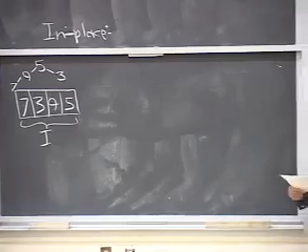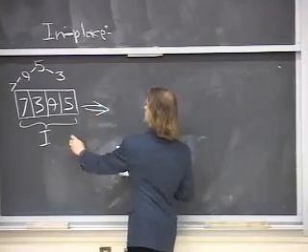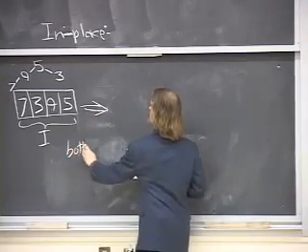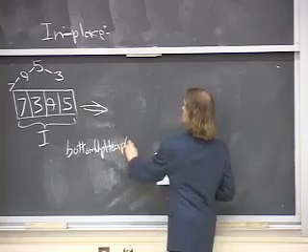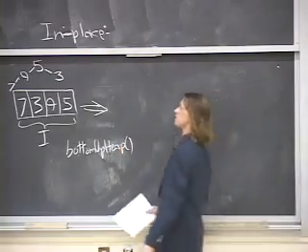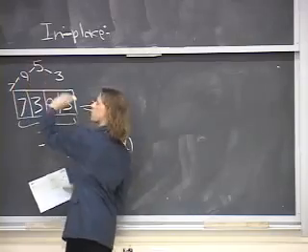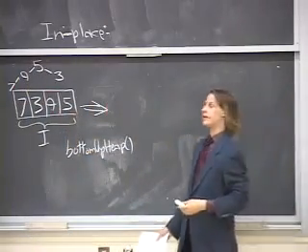Obviously, it's not a heap, so the first thing we do is we run bottom-up heap. And bottom-up heap goes through the interior nodes in reverse level order and pushes them down the heap.